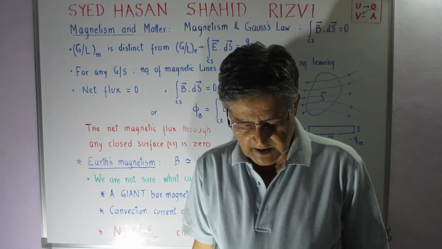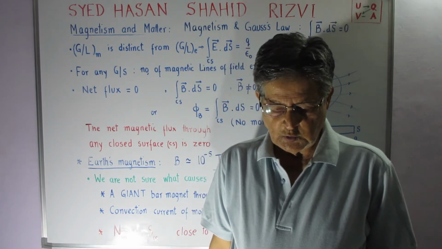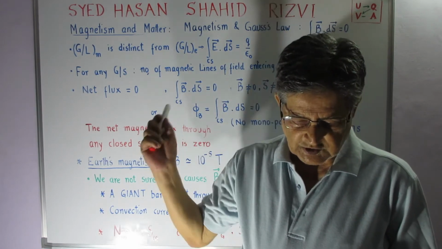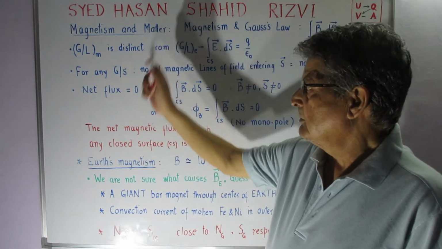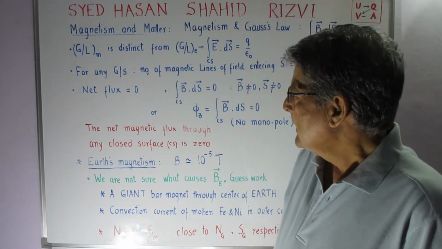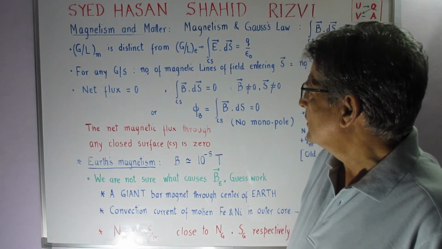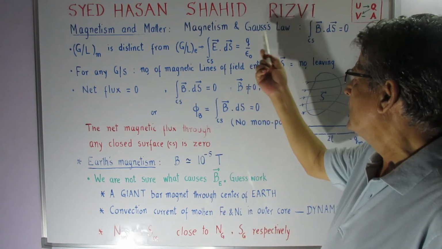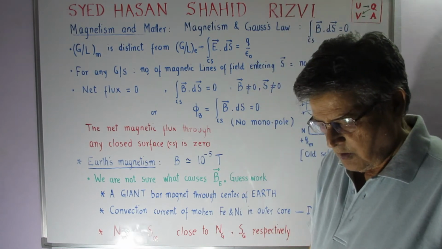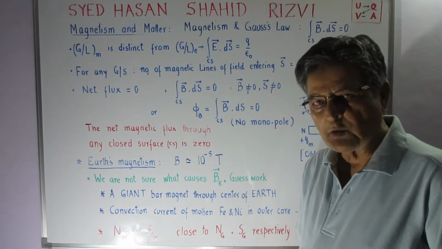So welcome back again to this lecture in the series of lectures for magnetism and matter. Today we'll talk about magnetism and the Gauss law when applied to magnetic dipoles.